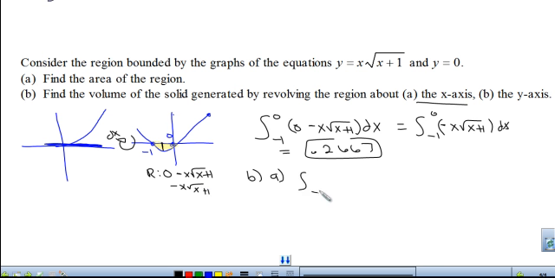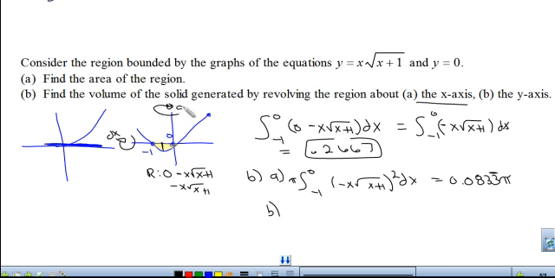So I'm going to go from -1 to 0 of the radius squared. So I end up with 0.0833 pi.